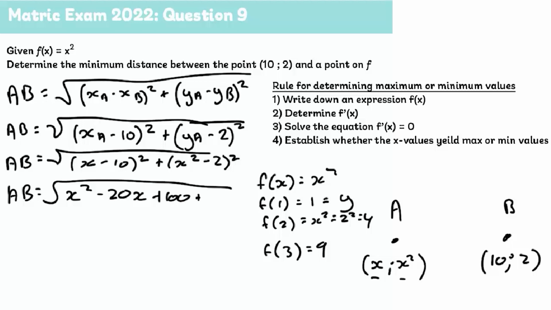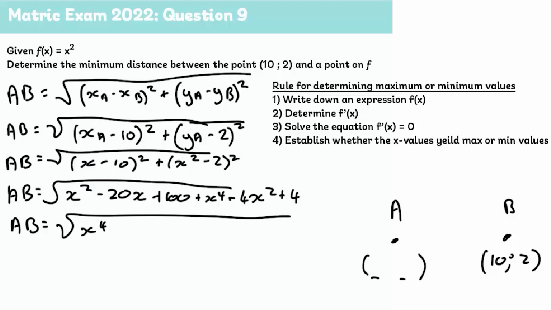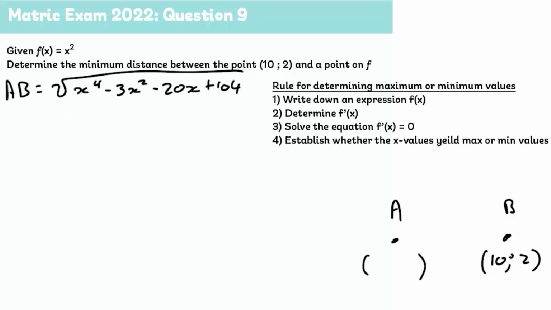That'll be x to the power of 4. I'm going to run out of space. Let's quickly hide this. Minus 4x squared, and that'll be plus 4. AB will equal the square root, and we'll have x to the power of 4 minus 3x squared minus 20x plus 104. So just quickly neaten things up.